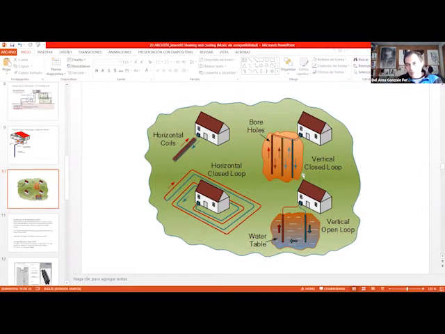Anyway, in terms of efficiency, the horizontal coils and the horizontal closed loops are good, but not as good as the vertical closed loop. And this is the best system. But yes, there might be a risk that we contaminate the water. So that's why sometimes this is not allowed. Anyway, we have to find out.